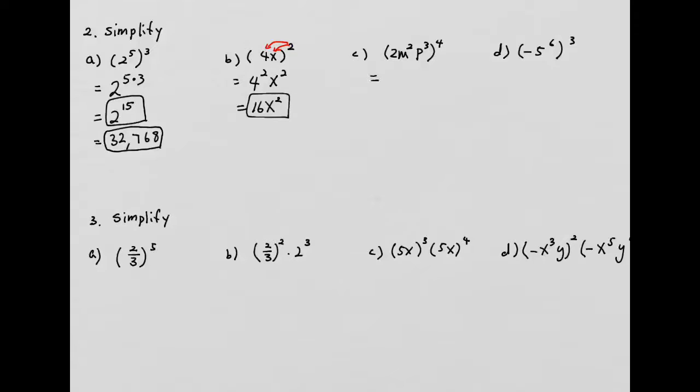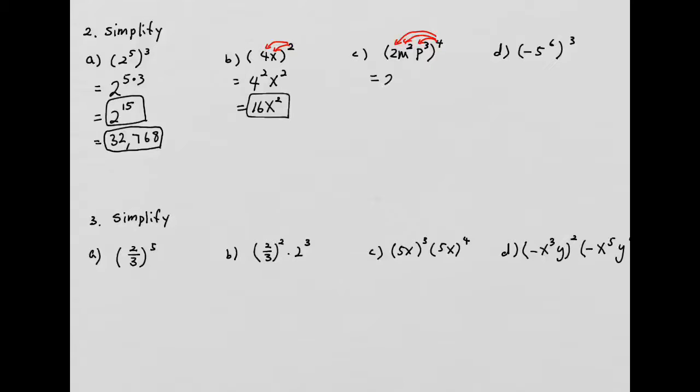The next one, same thing. How many factors do you have inside parentheses? That's important to know so that you know how many times you need to distribute the 4's power. Looks like you have to distribute 4 to 2, to m, and p. So you need to distribute 4 three times.